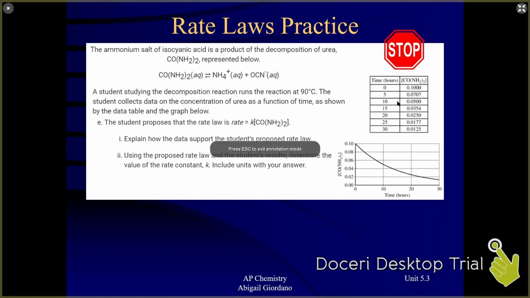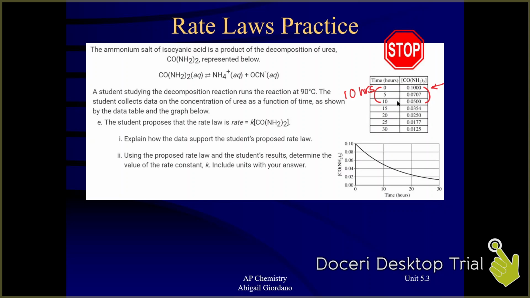Okay, well, I want you guys to look at something here. Look at the initial concentration of urea. It's 0.1 molar. What's half of 0.1 molar? Well, that's 0.05 molar. And how long did it take for that to happen? It took 10 hours for that initial amount to be cut in half.